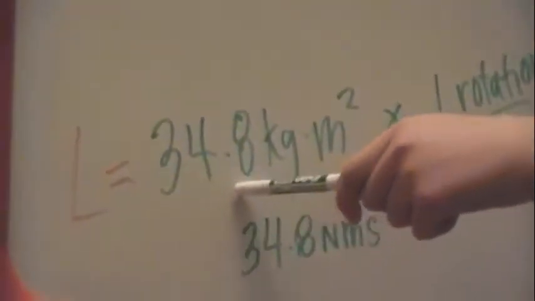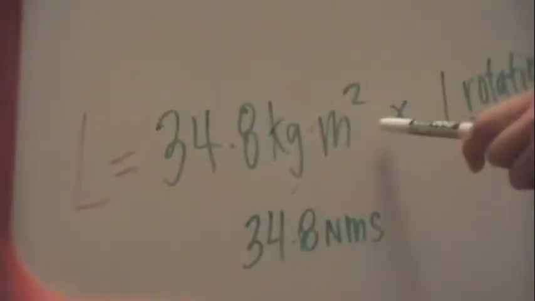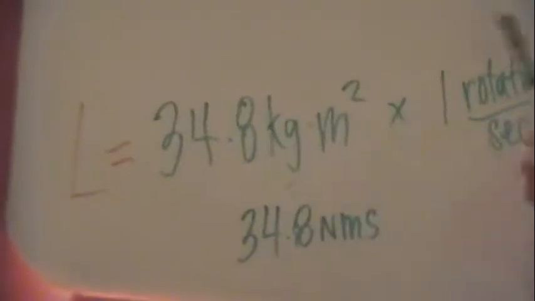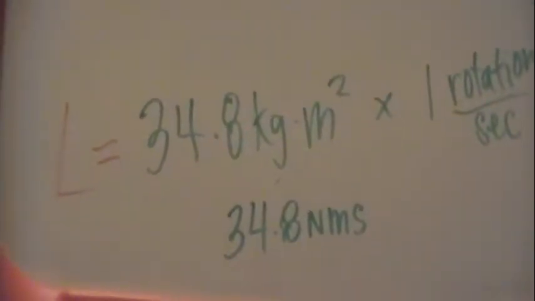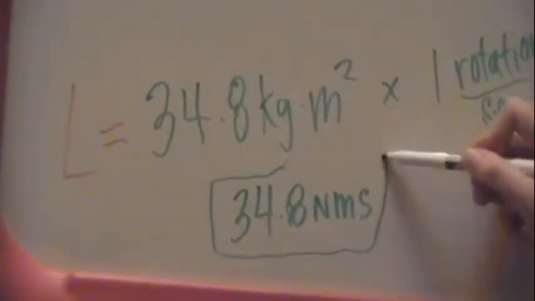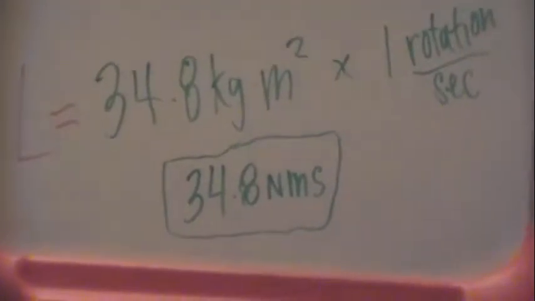And so now we have 34.8 kilogram meters squared times 1 rotation per second, which becomes 34.8 kilogram meters per second, which is the same thing as 34.8 Newton meter seconds.